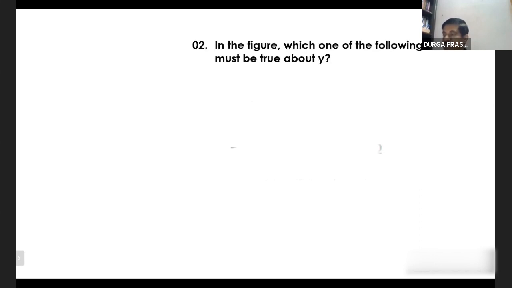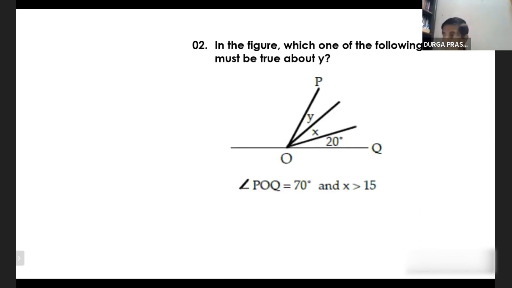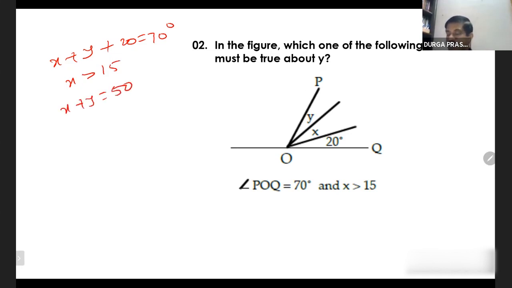Yeah. In the figure, which one of the following must be true about y? So angle POQ is 70 degrees. Means x plus y plus 20 is 70 degrees he gave. Okay. So x is greater than 15 he gave. So x plus y should be 50.